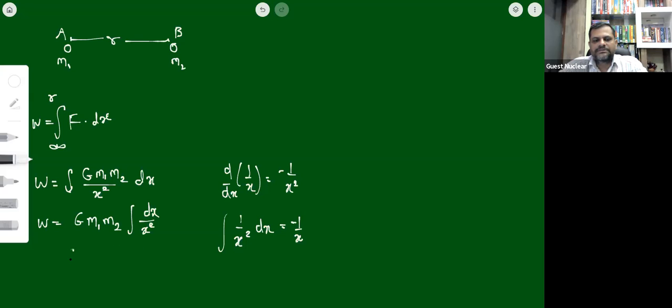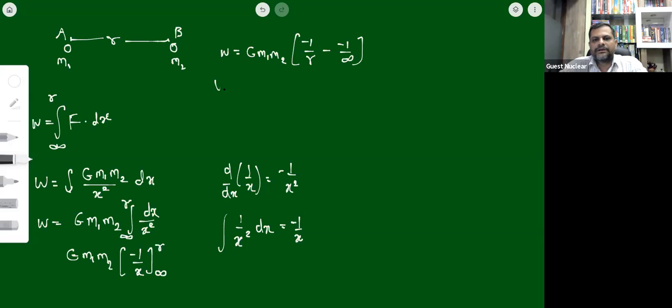And hence we can get finally g m1 m2 into minus 1 upon x, and that is from infinity to r. So first of all we have to put x as r and then infinity and then subtract both of them. तो अगर वो सब करेंगे तो नेक्स्ट स्टेप में एक्चुअली मिलेगा वर्क डन इक्वल टू g m1 m2 into minus 1 upon r minus minus 1 upon infinity.